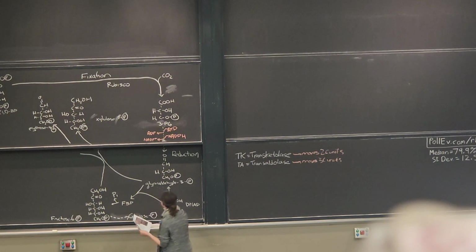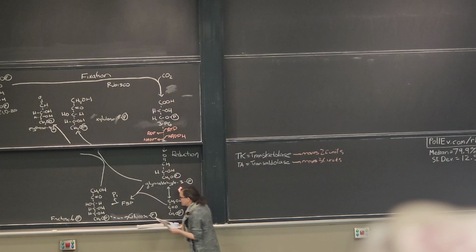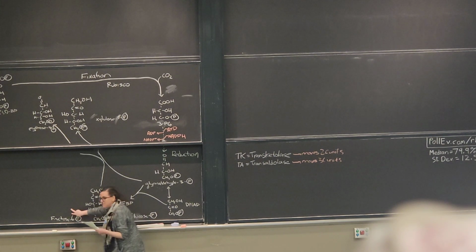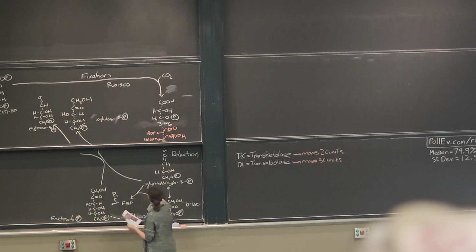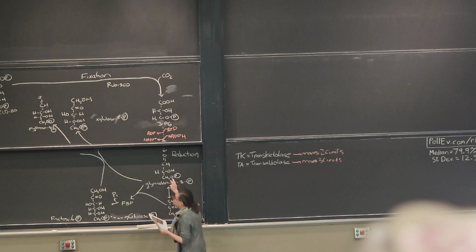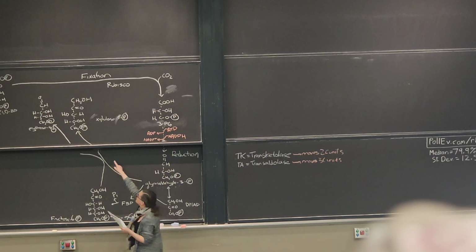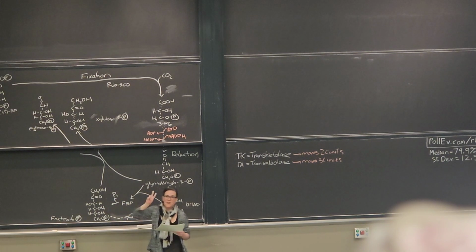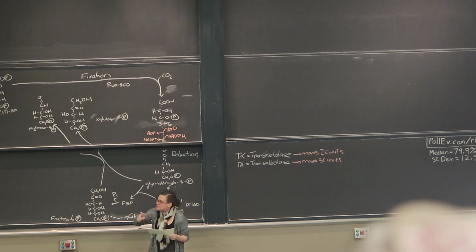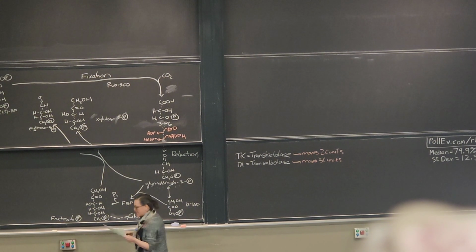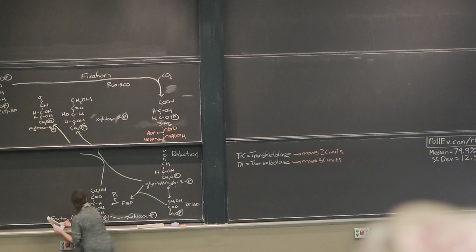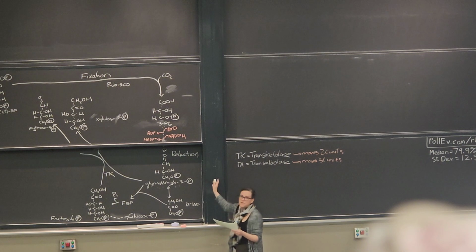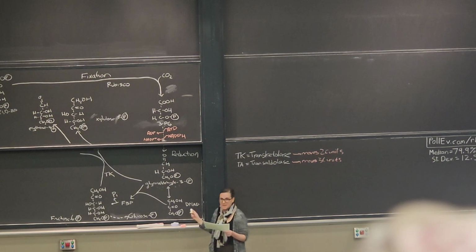Okay, so essentially what we've done is we've taken a 3-carbon sugar and a 6-carbon sugar, and we've moved 2 carbons from the 6-carbon sugar to the 3-carbon sugar, generating a 5-carbon sugar. Okay, that's 1, 2, 3, 4, 5. And the 6-carbon sugar is now 2 carbons shorter. Okay, so now we have a 4-carbon sugar. And this reaction is a transketolase reaction because it involves the movement of 2 carbon units.